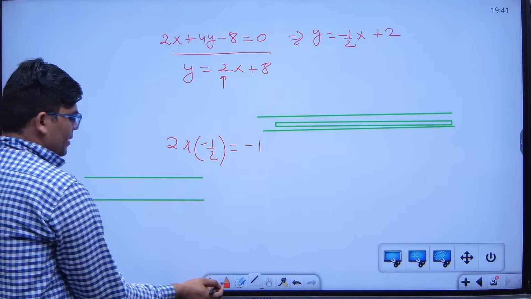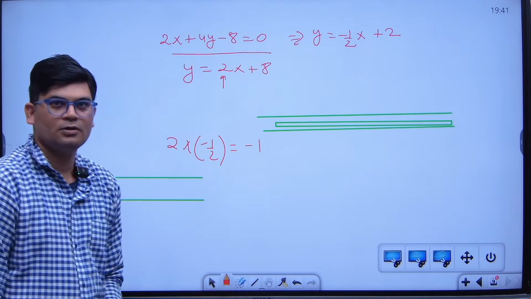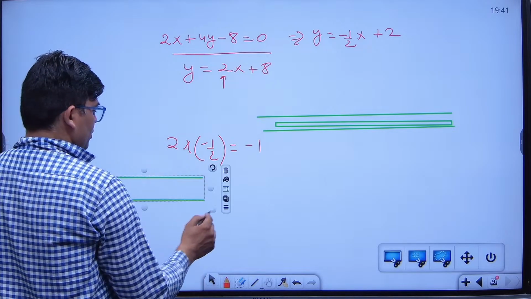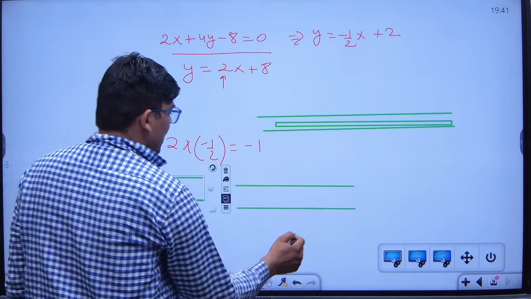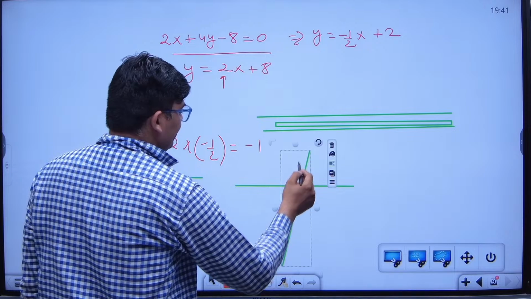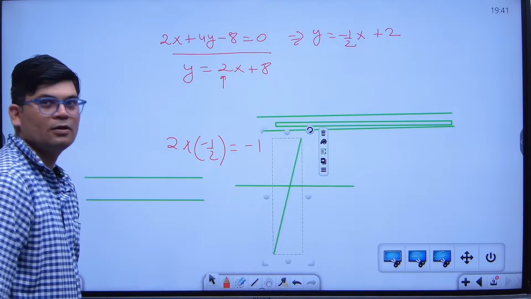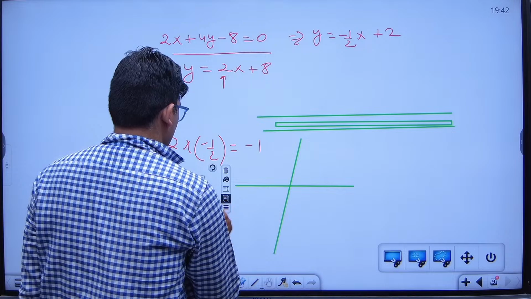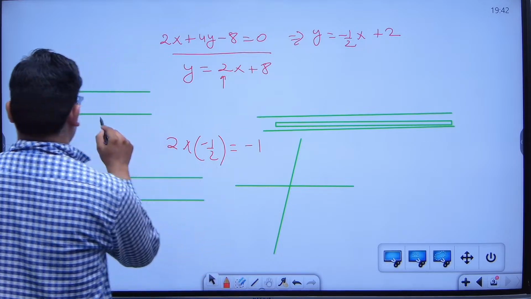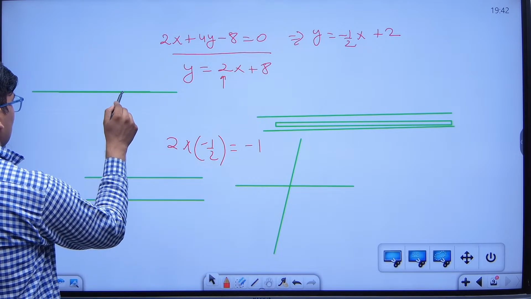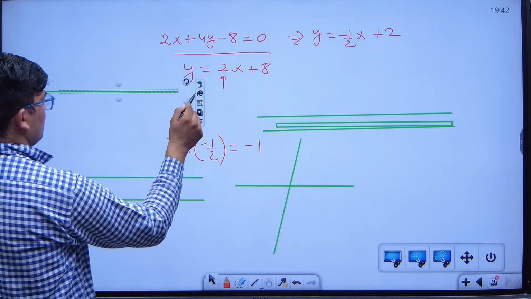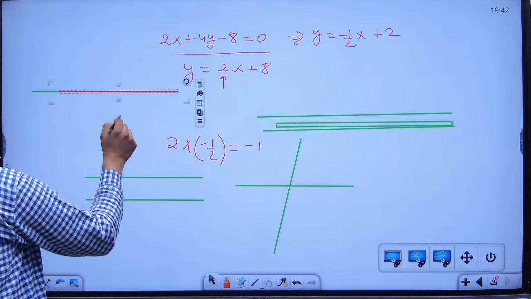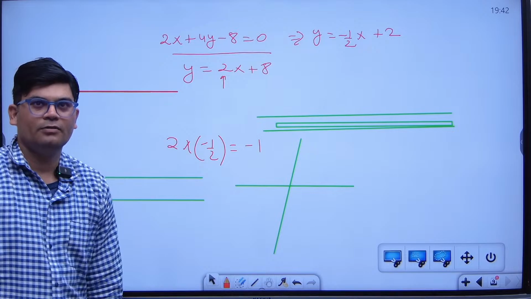The lines can be intersecting with each other. And the lines can be coinciding with each other. Are you getting it?